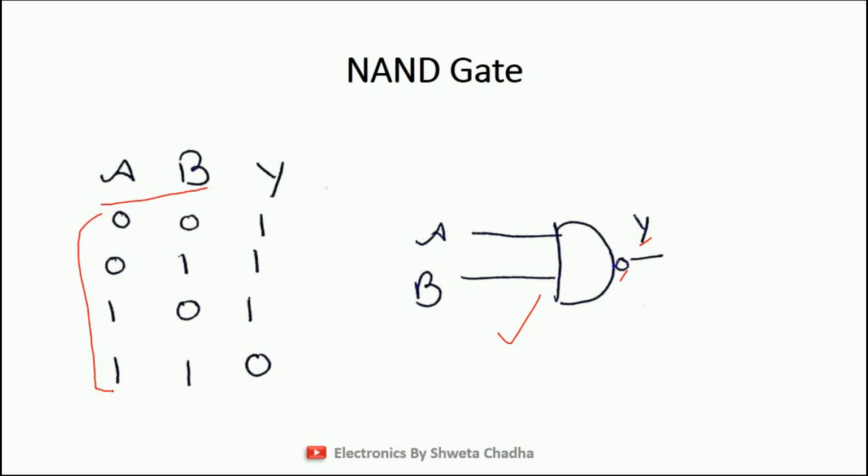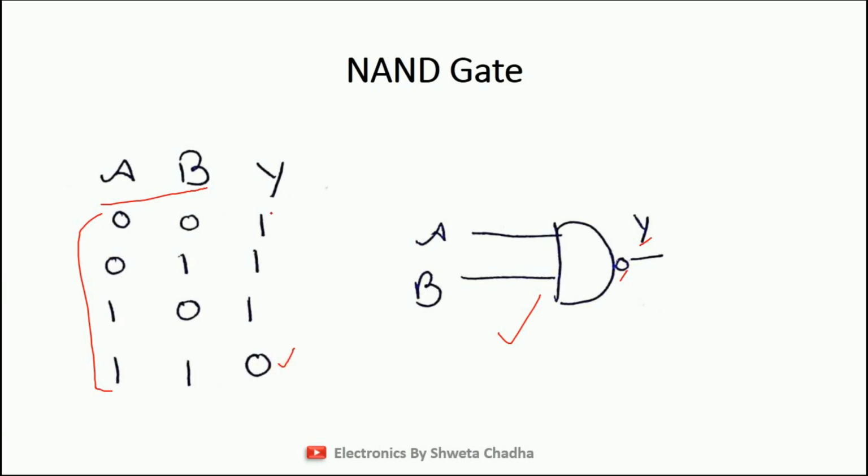So what is the NAND gate output? It is the reverse of the AND gate. The AND gate says that when all the inputs are high, output is high. In the rest of the cases, output is low. So in a NAND gate, the reverse is true. That is, when all the inputs are high, that is 1, output is 0.